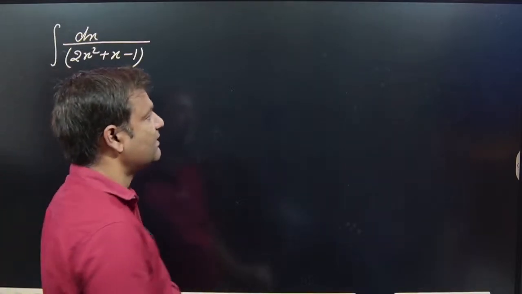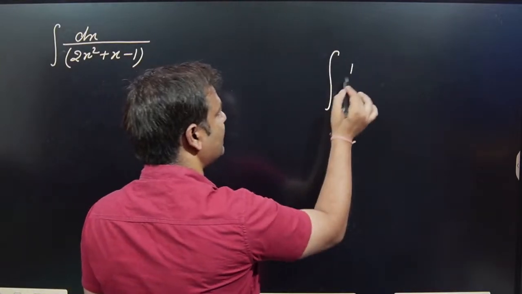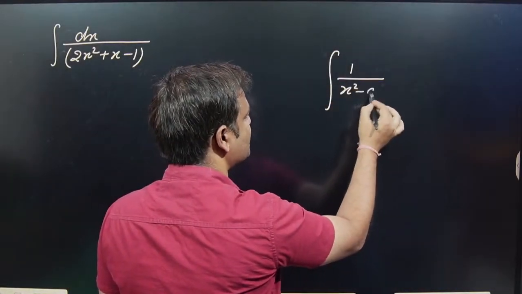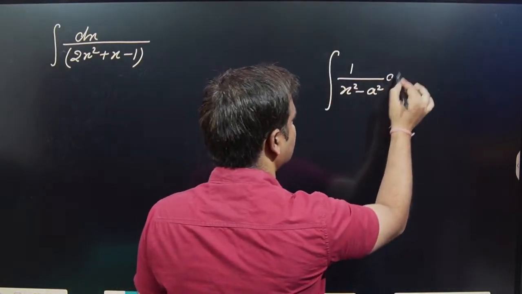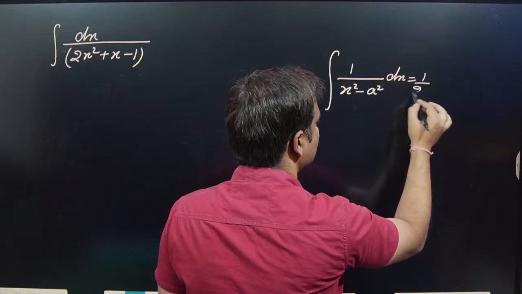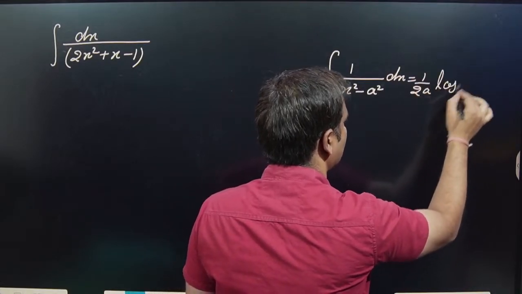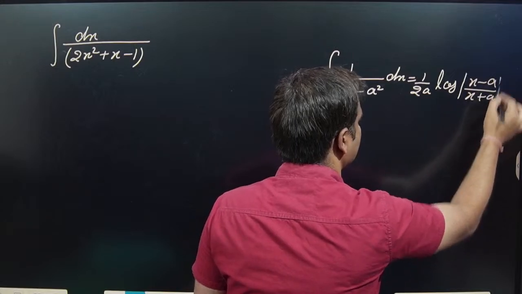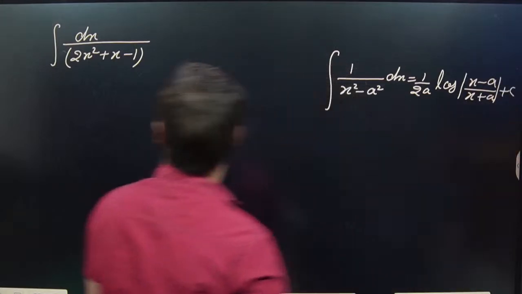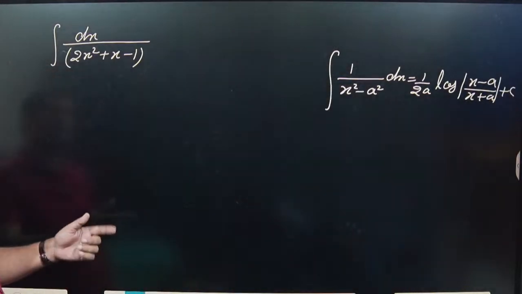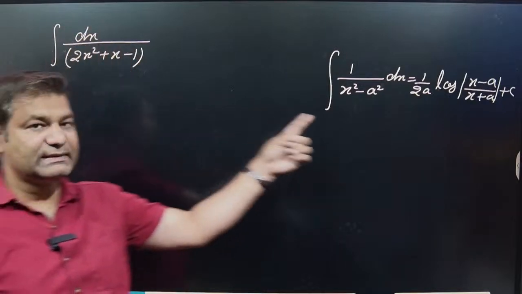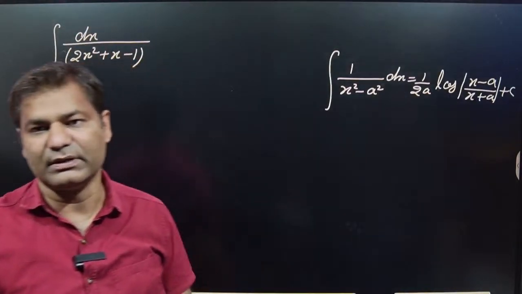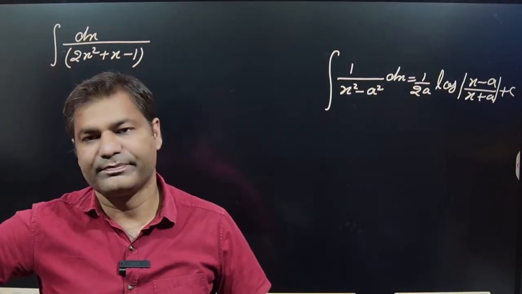If this one is made like x square minus a square dx, so it is 1 by 2a into log of modulus of x minus a upon x plus a plus c. Okay, so first of all, if this question is made like that one, then apply that direct formula.